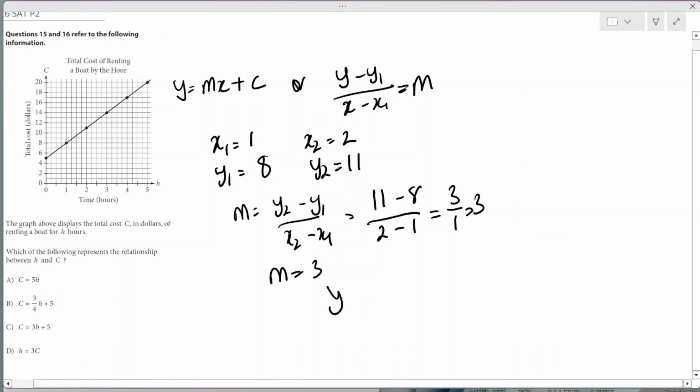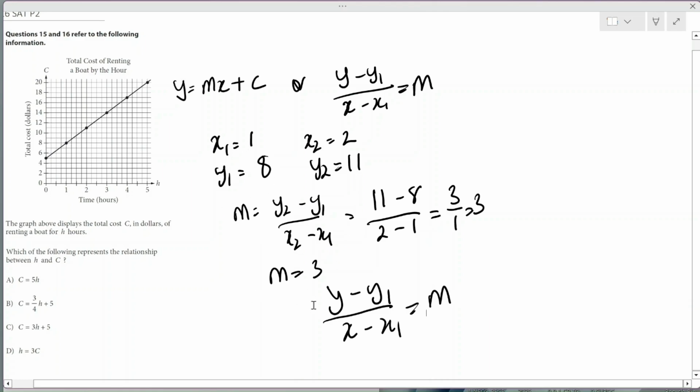You have y minus y1 over x minus x1 equals m. Your y1 has to be an actual numeric value, and same as your x1. We can use this x1, y1, and we can also use this x2, y2 as our x1, y1. It doesn't matter. But let us just use this, where our x1 is 1 and our y1 is 8.